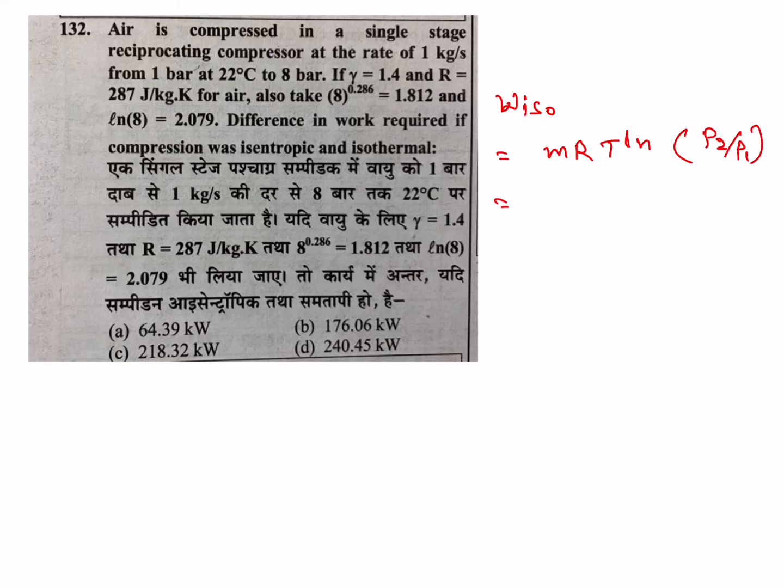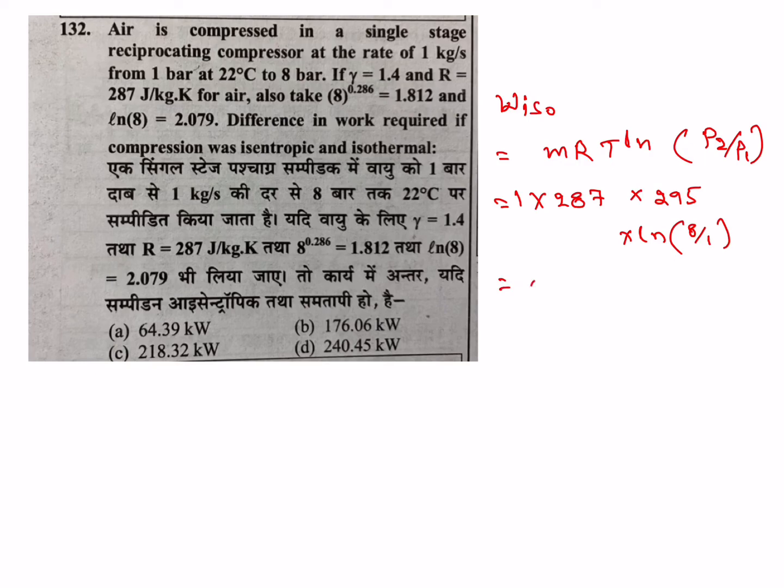So mass is 1 kg per second, 1 into R value, how much? 287 joule per kg Kelvin. 287 into T value, 22 degrees Celsius in Kelvin, 295 Kelvin. 295 into ln P2 is how much? 8 bar, P1 is 1 bar. 8 by 1.